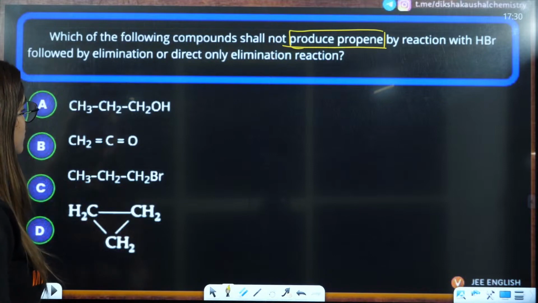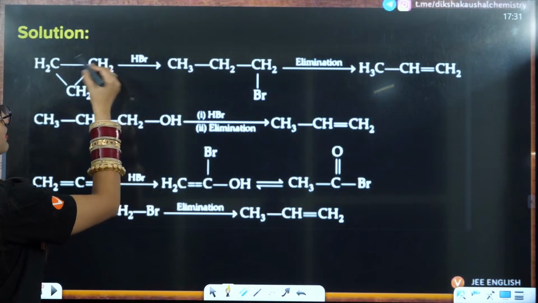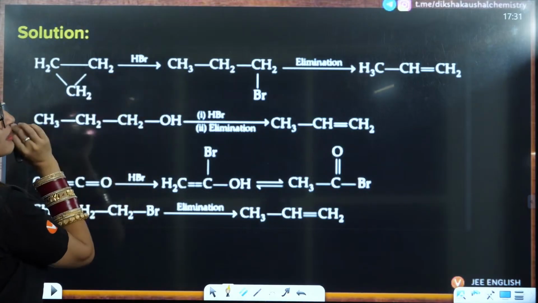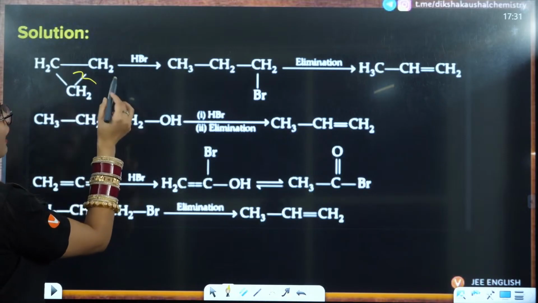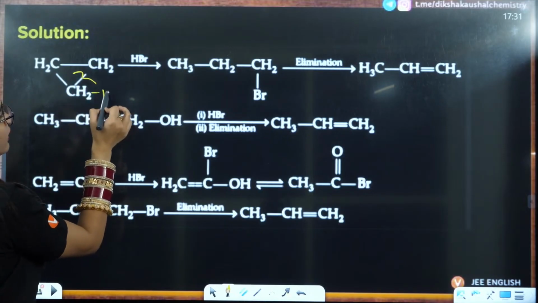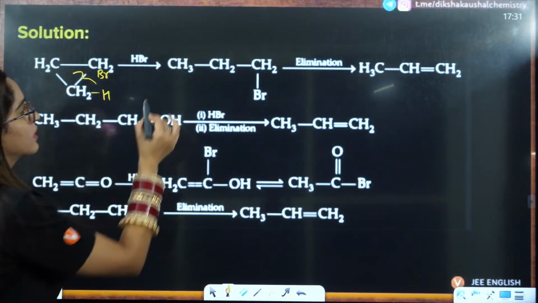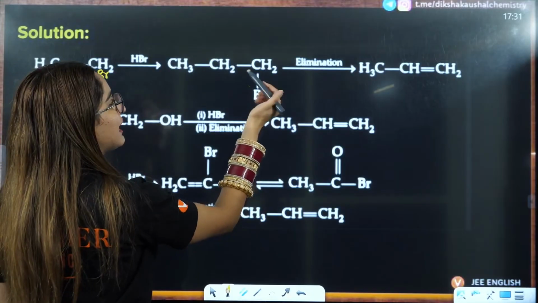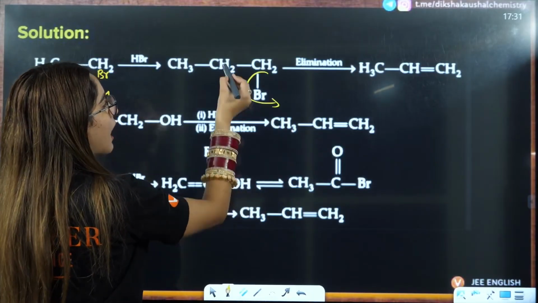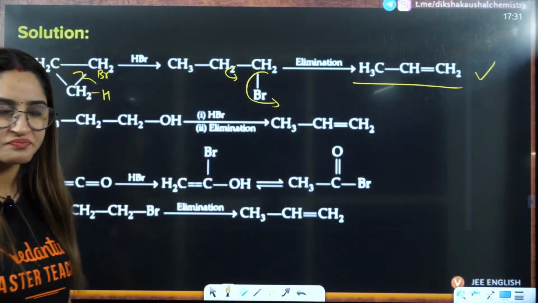In this case, one by one, if you see the HBr reaction, firstly with the epoxide, one of the bonds will break, and here you will have hydrogen linked and Br linked here. You will have CH3, CH2, CH2, Br. After this, it will cause dehydrohalogenation, and you will have the formation of propene.